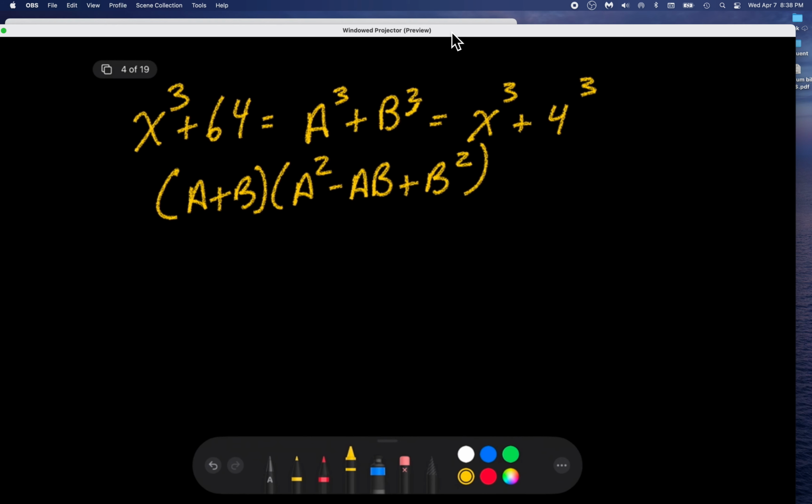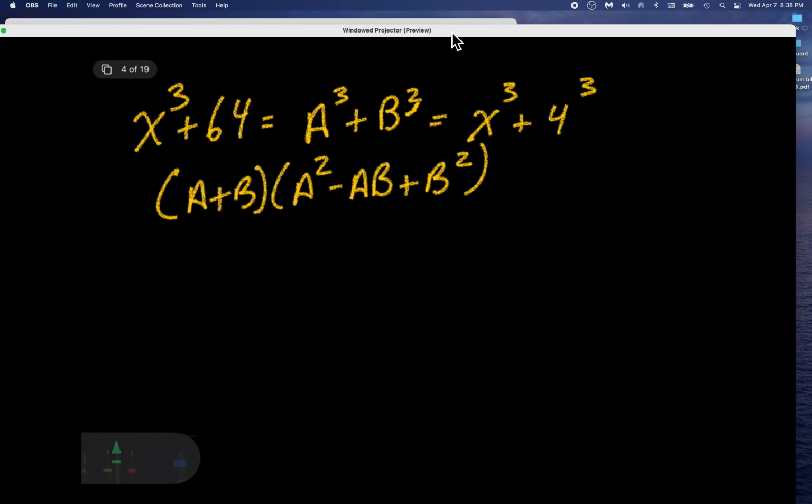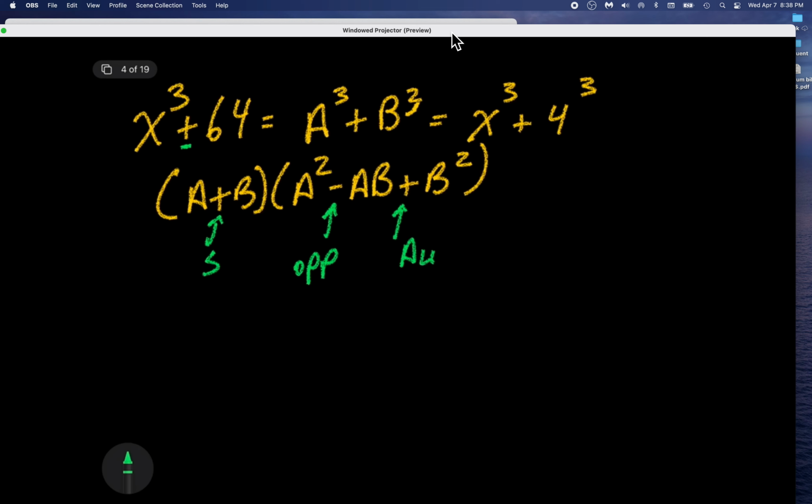And the way I remember that is that this first factor, that sign is the same. This sign is opposite because you're dealing with the sum of two perfect cubes. That sign is opposite, namely negative, and that sign is always positive.